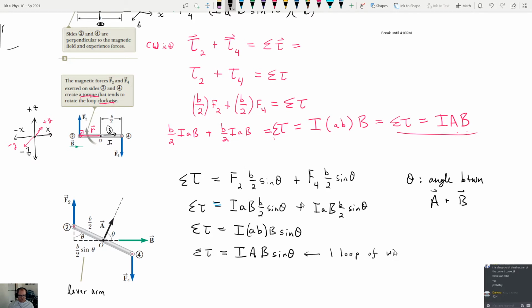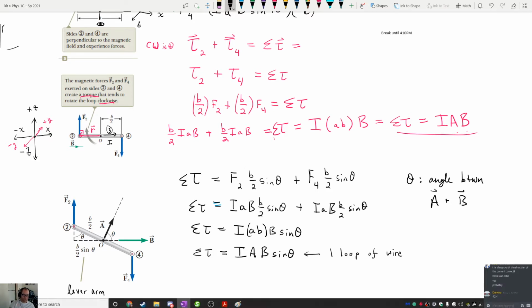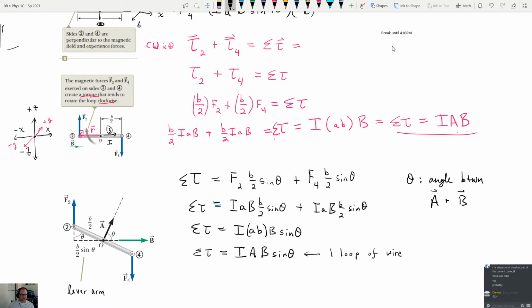But one of the things you can do with wires is you can basically just wrap loop after loop after loop. So we started with just one loop that was a rectangle, right? That's one loop, right? But there's nothing stopping us from just continuing to wind loop after loop of wire on top of it, okay? With exactly the same dimensions of A by B.